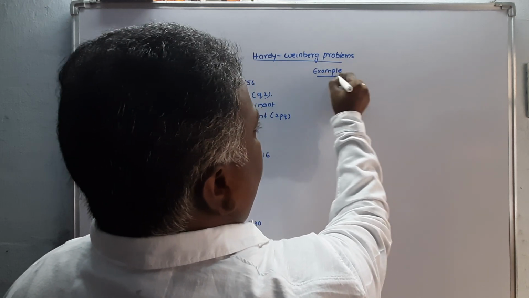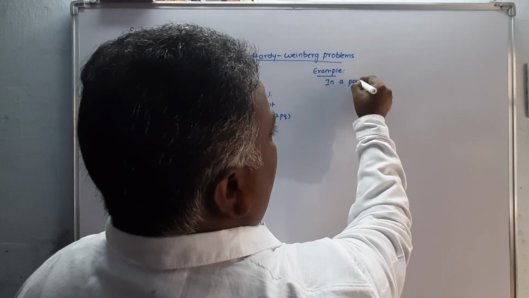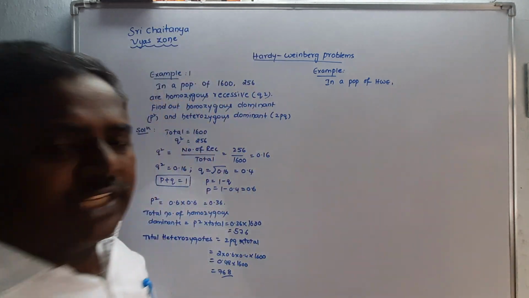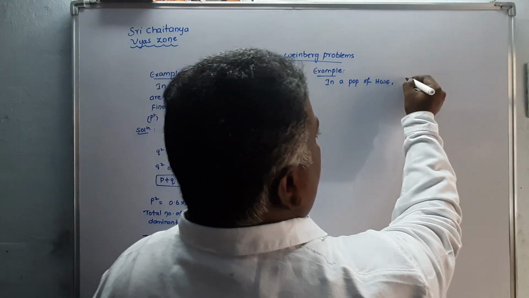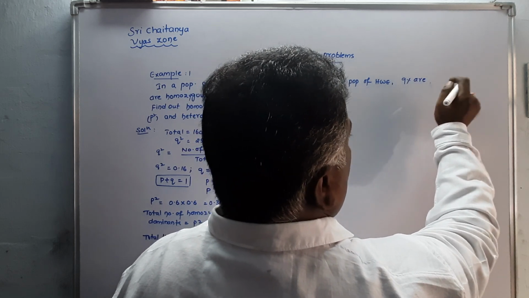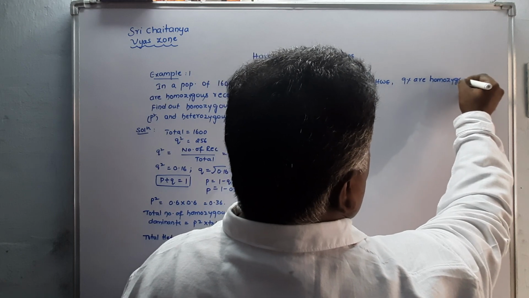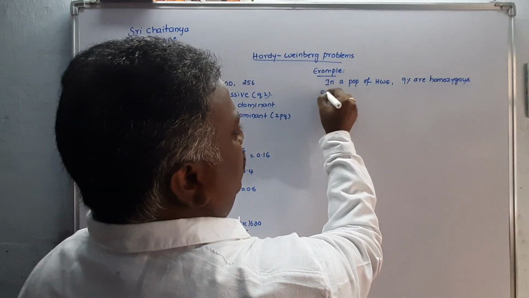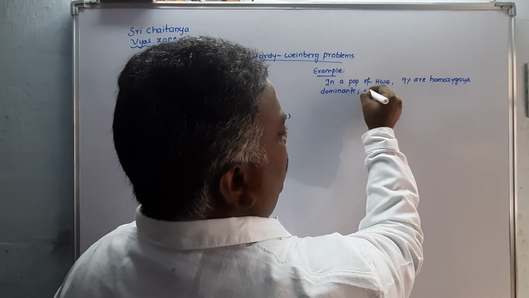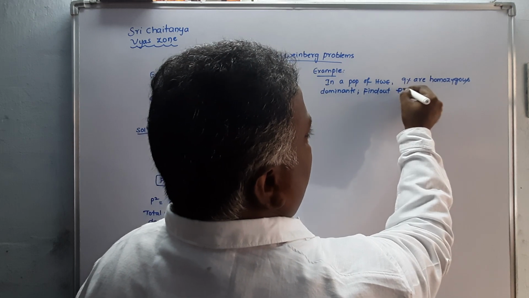Let us think of a population in Hardy-Weinberg equilibrium, HWE. In this population, 9% are homozygous dominants.